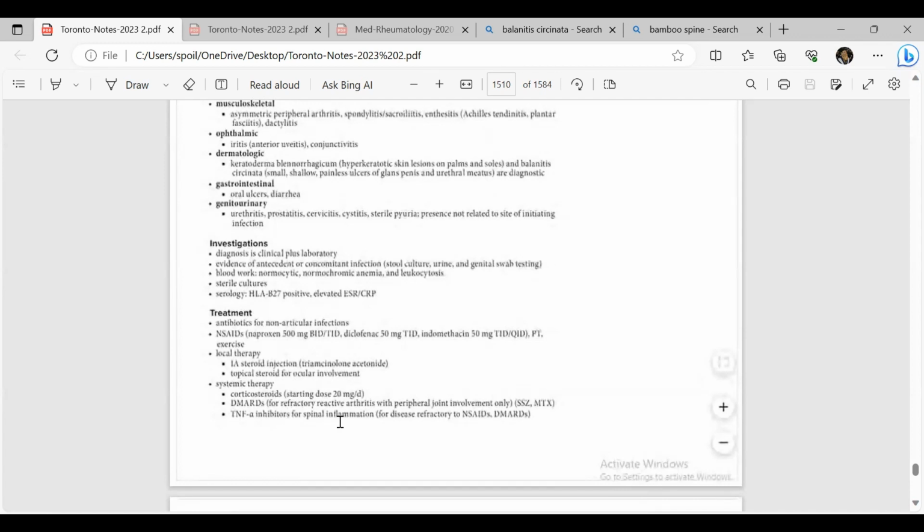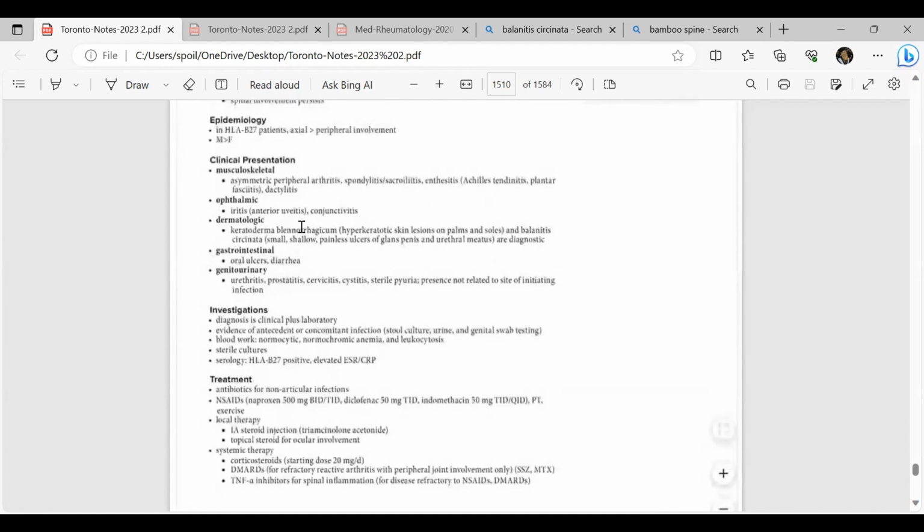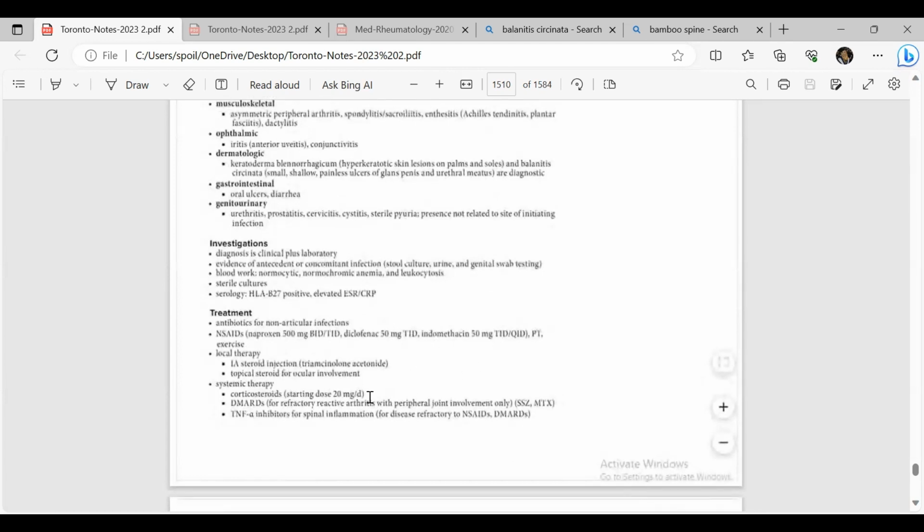The treatment is antibiotics for the underlying infections, and then NSAIDs, DMARDs, steroids, and local therapies. Topical steroids are for ocular involvement, and locally we can give injections as well with corticosteroids. TNF alpha inhibitors for spinal inflammation, for disease refractory to NSAIDs and DMARDs. Those who are not responding to NSAIDs and DMARDs will be given TNF alpha inhibitors.